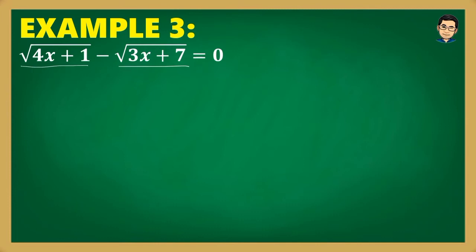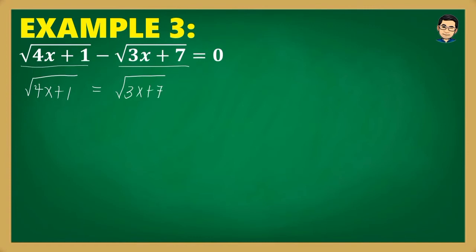So we will isolate the square root of 3x plus 7 by bringing it to the right side of the equation. It becomes the square root of 4x plus 1 equals the square root of 3x plus 7.